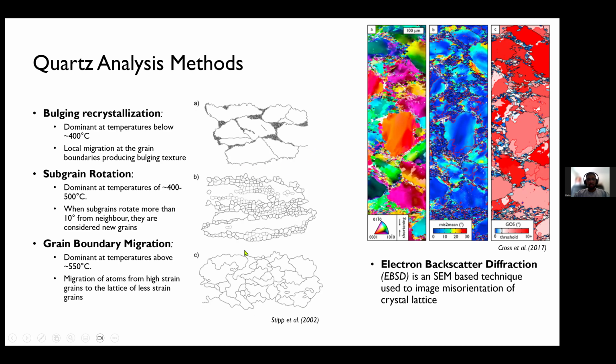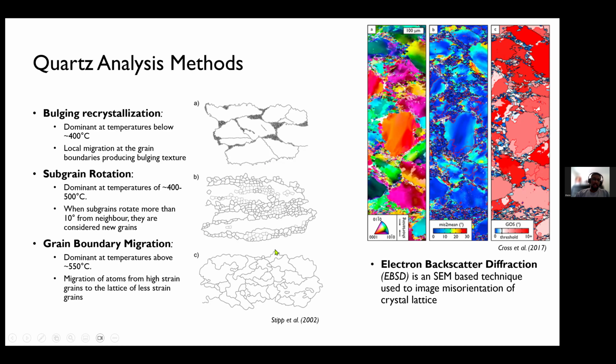Then moving on to subgrain rotation, this becomes a dominant recrystallization mechanism at temperatures between roughly 400 and 500 degrees. And it produces this characteristic texture here, where we have an abundance of subgrains, as well as these recrystallized grains, and they generally share the same grain size.